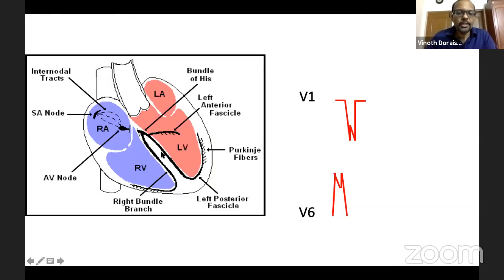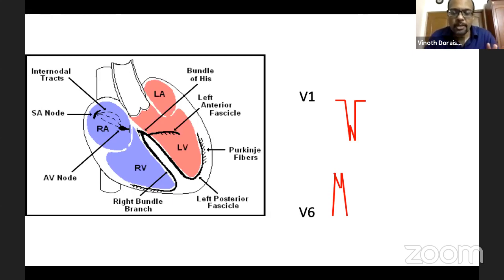So again, coming to the left bundle branch block. When the impulse comes towards the His bundle, the left bundle branch is blocked. So it has to come down the right bundle branch. The initial septal depolarization is absent. Okay. And after the right ventricle gets depolarized, then the depolarization goes towards the left ventricle, and that depolarization of the left ventricle is delayed due to the left bundle branch block.